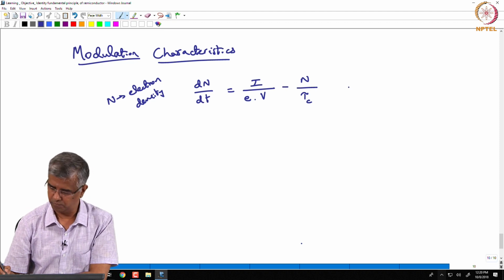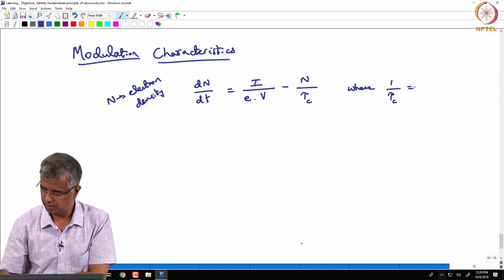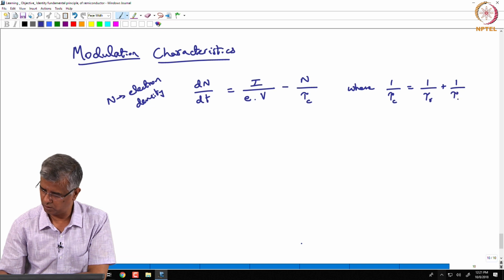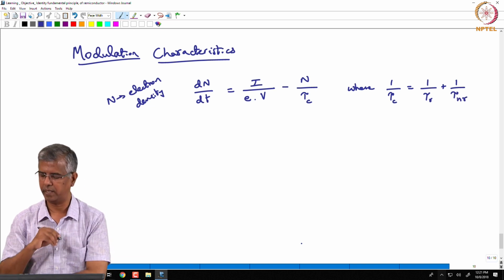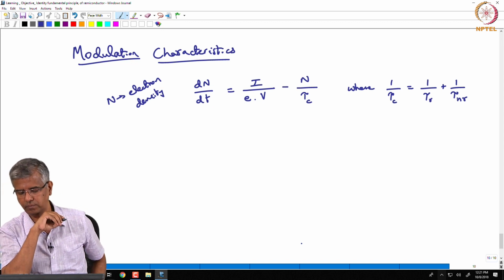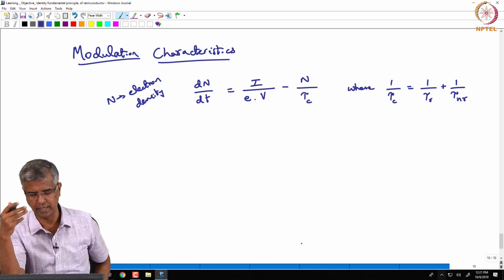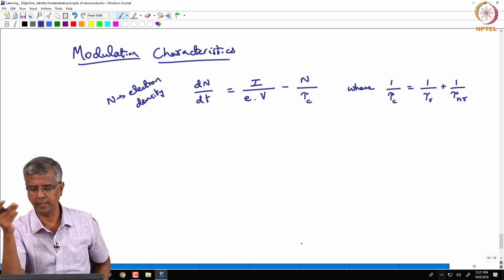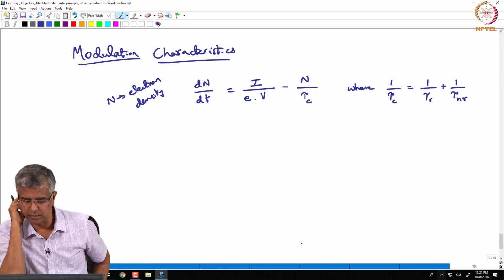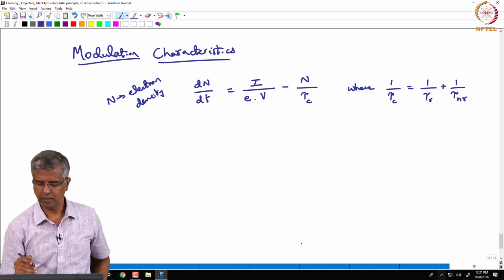So, we can say 1 over tau c is going to be equal to 1 over tau r plus 1 over tau nr. nr corresponds to non-radiative process, right. You understand that? So, there is a rate at which carriers are increasing and the rate at which carriers are getting depleted.